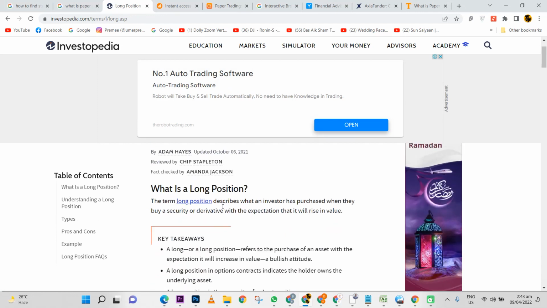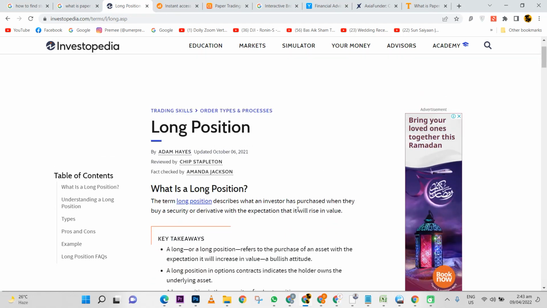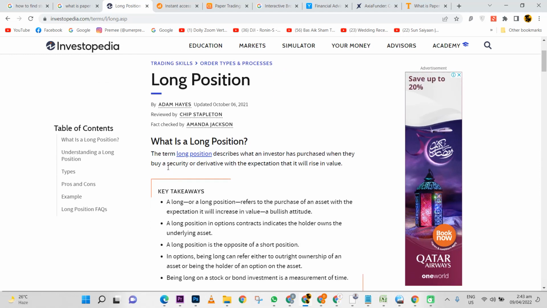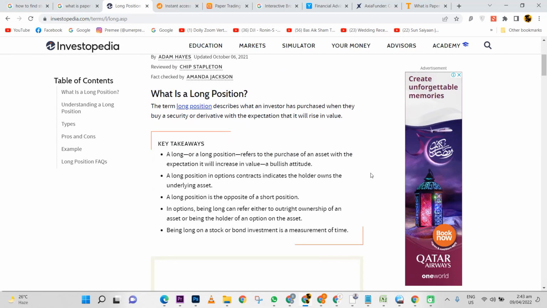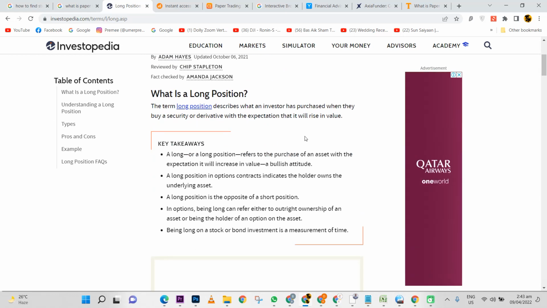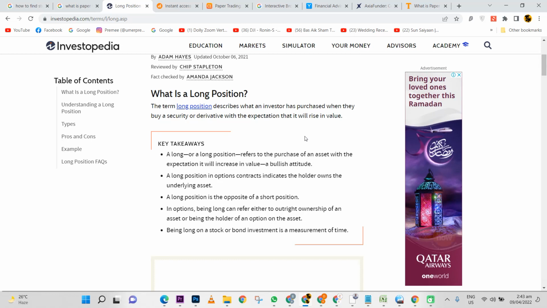The term long position describes what an investor has when they buy a security with the expectation that it will rise in value. Key takeaway: a long, or long position, refers to the purchase of an asset with the expectation that it will increase in value. It is a bullish attitude.